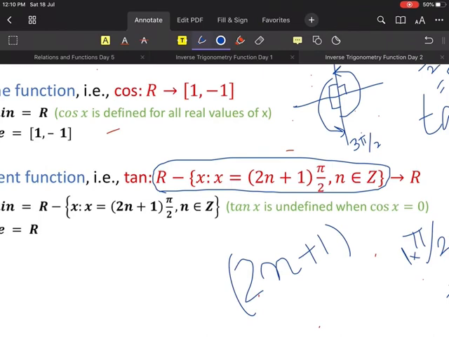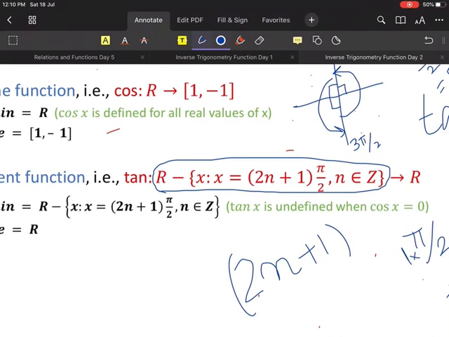You see, x equal to an odd multiple of pi by 2 makes cos x 0. That's why I will reject all these values from the domain. Have you understood this or not? Am I clear? Yes or no?